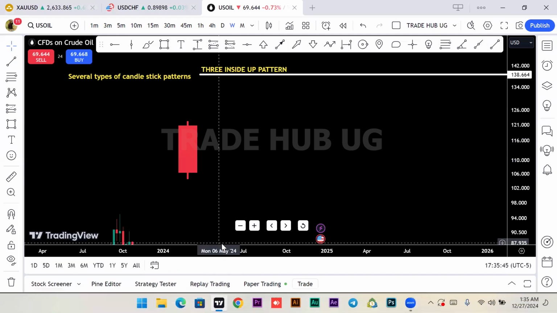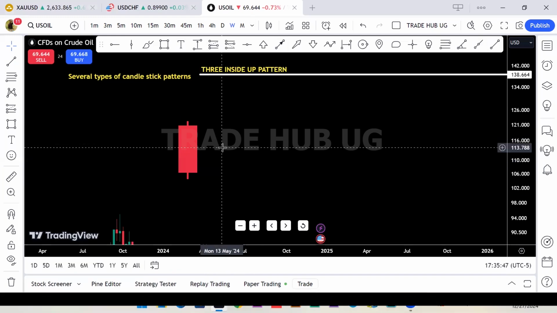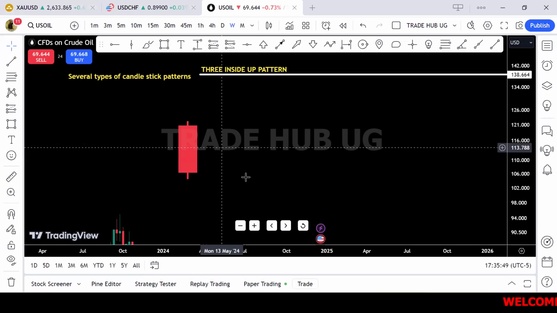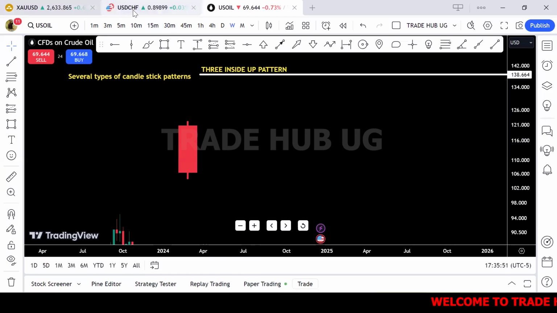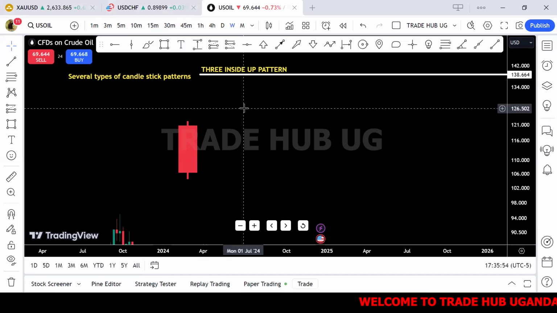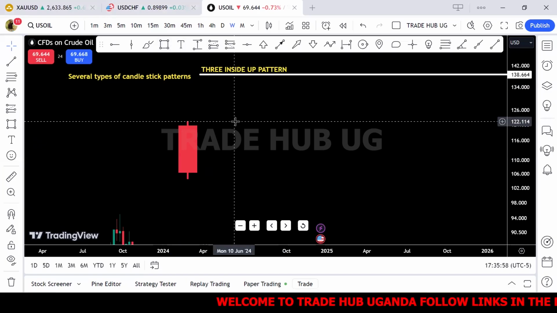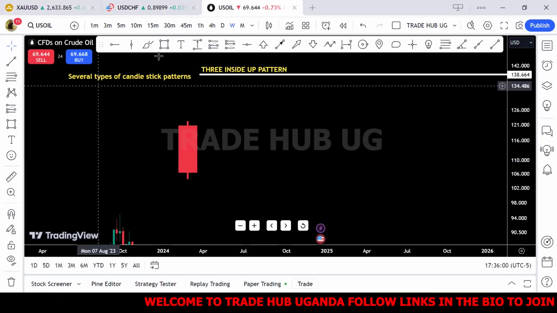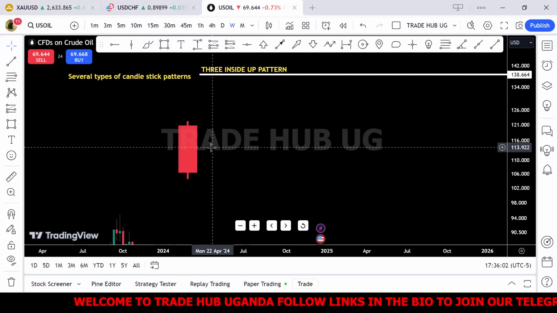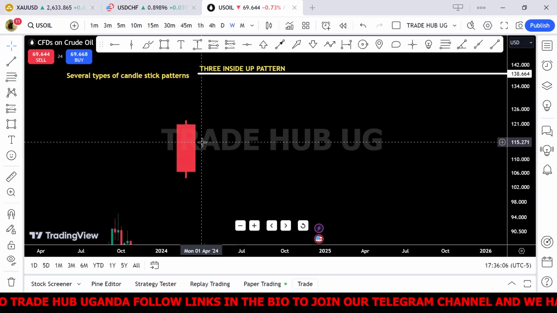Now, here is the formation. This is how it will always form. I didn't first look for this pattern on the real charts, but after here, let me first finish. We are going to look for it.